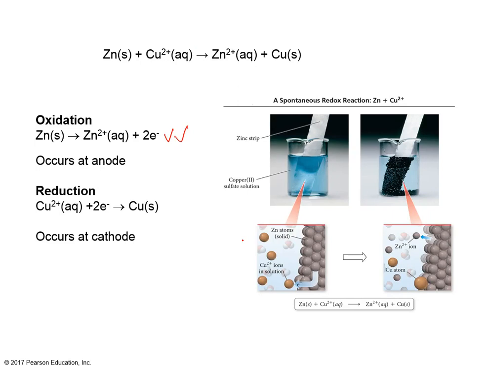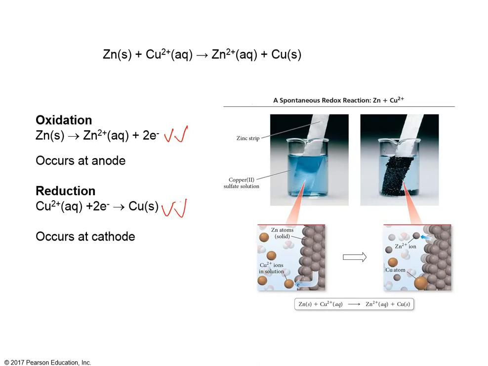So zinc to give us zinc ion and 2 electrons. So for oxidation, the electrons are the products. In terms of reduction, we have copper ion plus 2 electrons to give us copper solid.